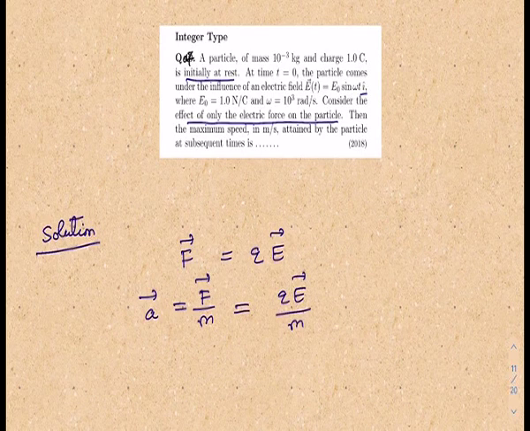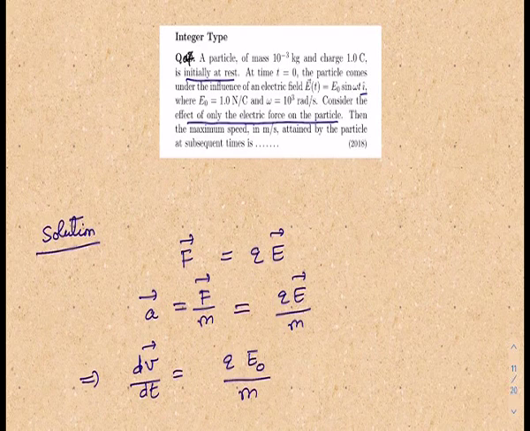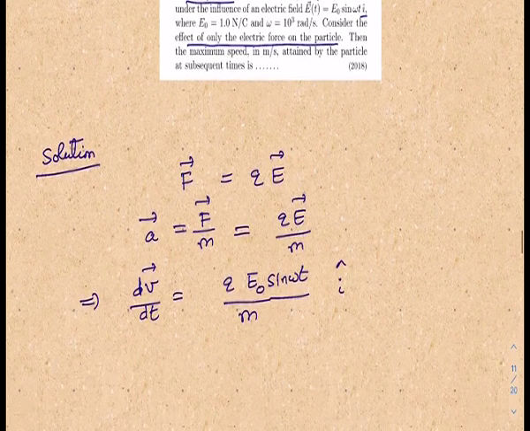It is a simple problem because the acceleration is given by dv by dt, and the electric field is given as E0 sine omega t, and its direction is I cap, along the x direction.